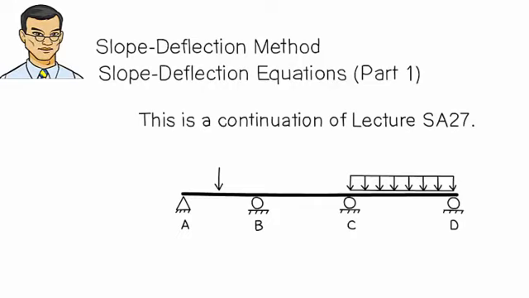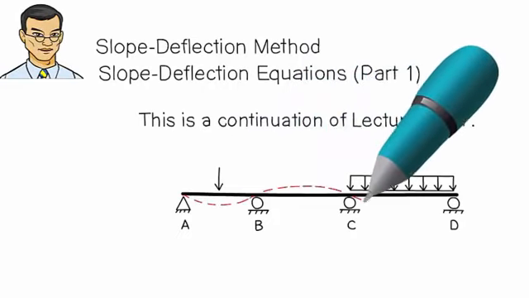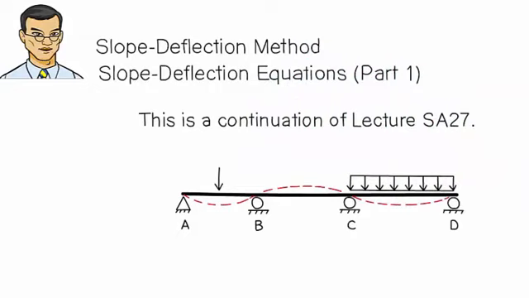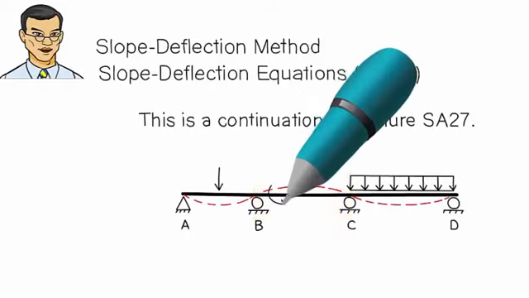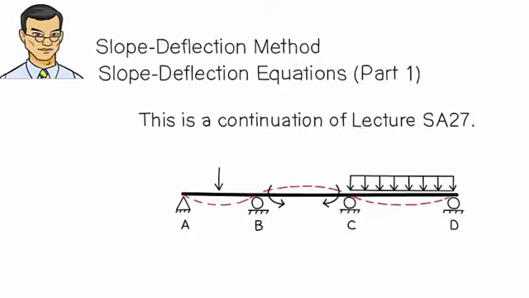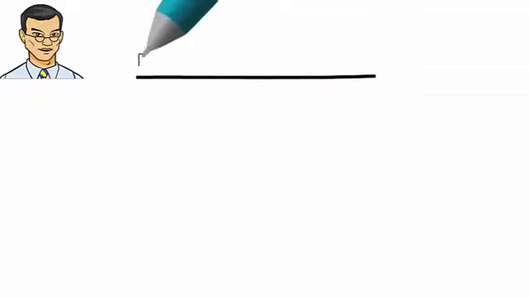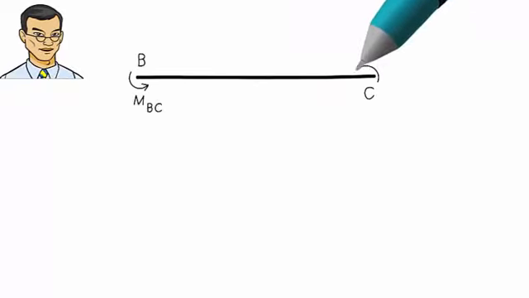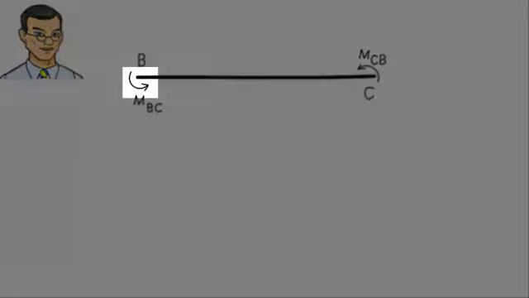Although such a segment is not directly subjected to any loads, it does deform and carries internal forces. For example, the concave up deflection of segment BC means the member carries a counterclockwise moment at B and a clockwise moment at C. Generally speaking, a typical beam segment has a bending moment at its left end and a bending moment at its right end.